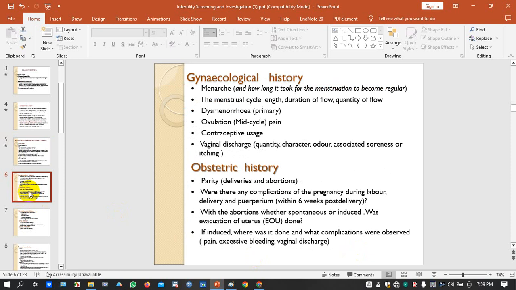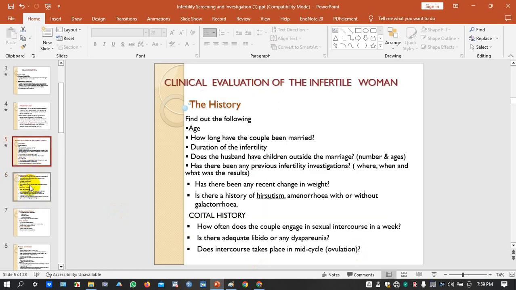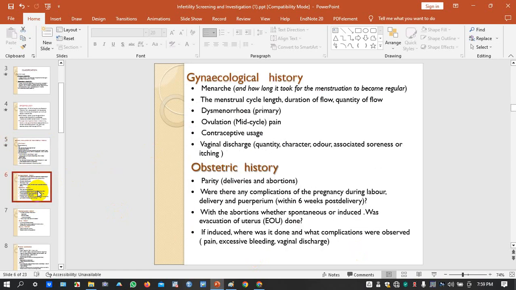So gynecological history, you finish with the history and the coital history. Let's look at the gynecological history of the woman. Menarche is the first menstruation in a woman.